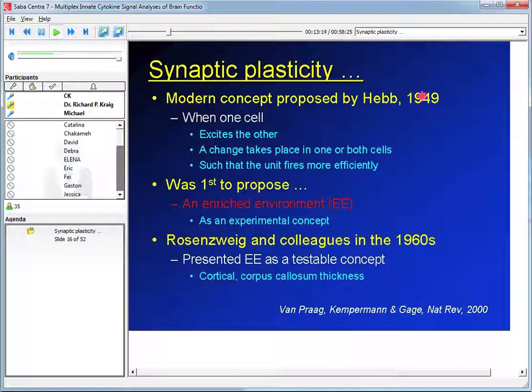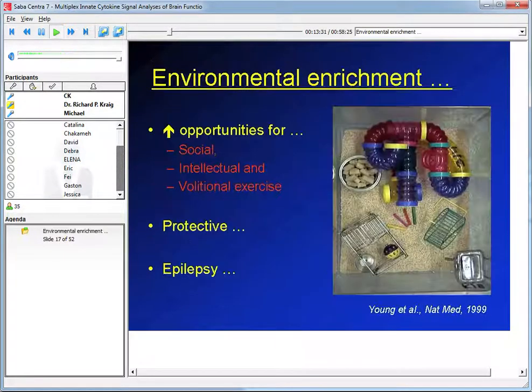And Hebb thought of it, but Rosenzweig and his colleagues, ever since the 60s through 2000, have put this to a testable format, that is, an environmental enrichment paradigm to note that animals that are given increased social, intellectual, and volitional exercise opportunities learn.